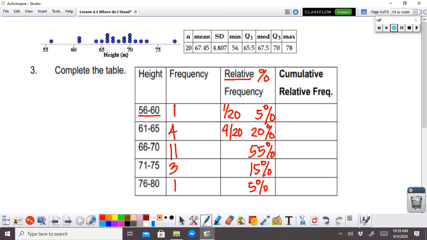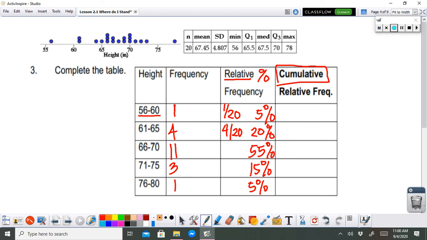And then cumulative relative frequency, what is that? What do you mean by the word cumulative, right? Let's have an example that is very common, your GPA. When you say your cumulative GPA, that means that is your GPA from all your previous classes up to this point, right?